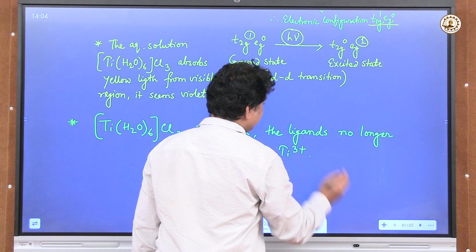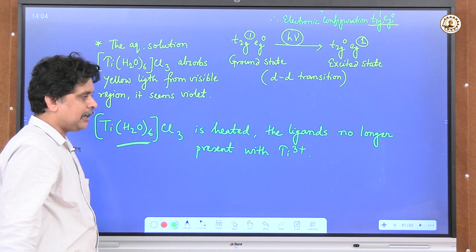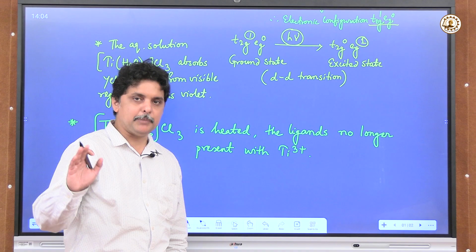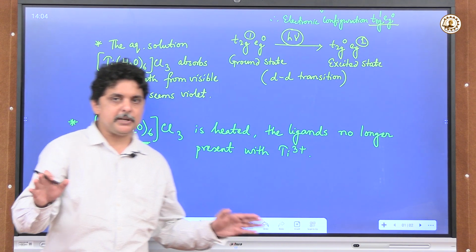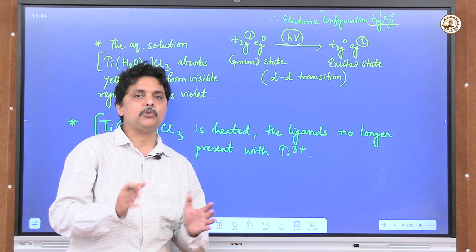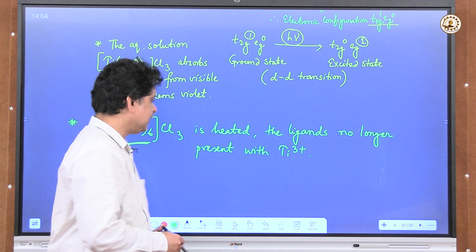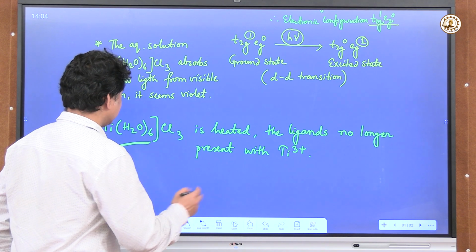So obviously in the absence of ligands, there will not be any crystal field splitting, there will not be formation of any t2g and eg orbitals, and there is no question of having a d-d transition. This is why the complex will be colorless now.